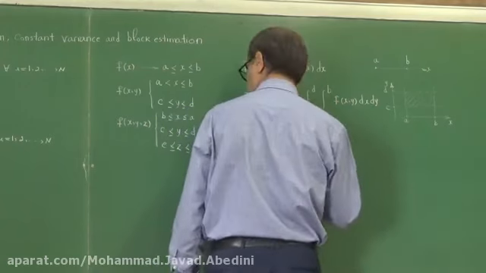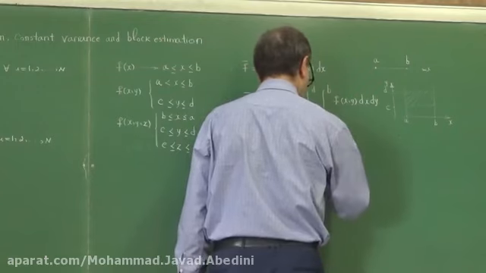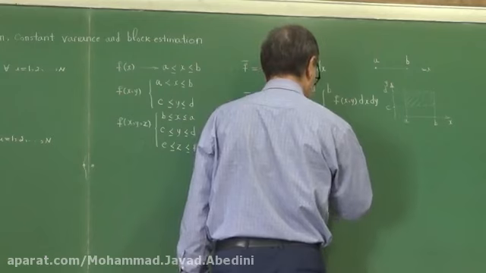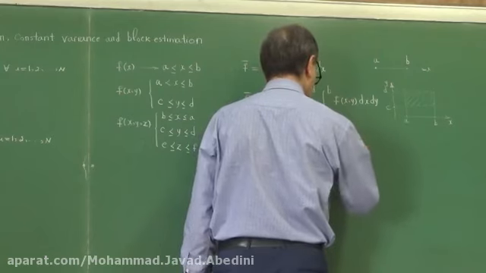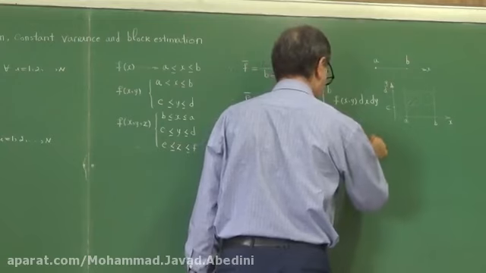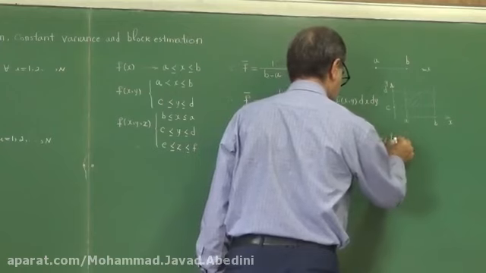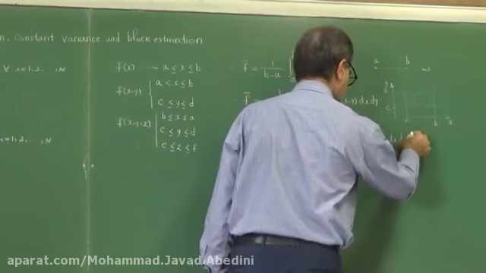And this should go from E to F, C to D, A to B, f of x, y, z, dx, dy, dz.